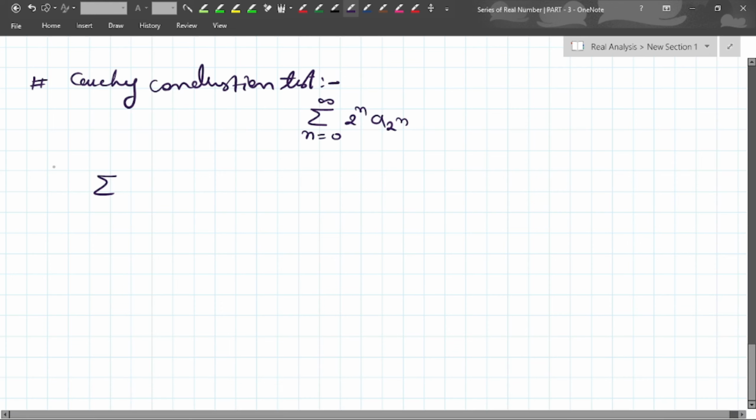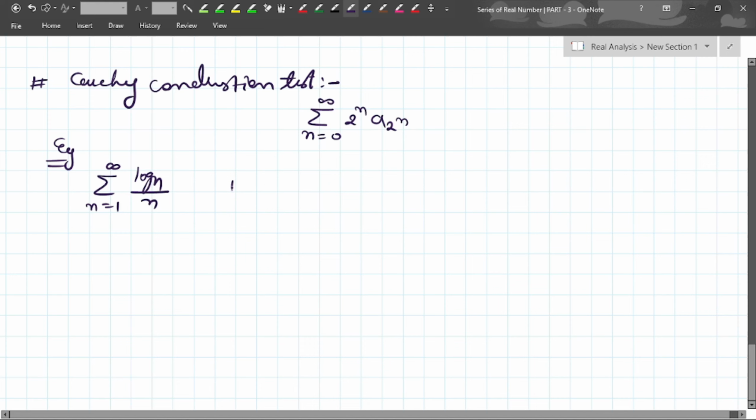One example that I can choose, if it is in log form, let's say, summation n equals 1 to infinity, and it is nothing but log of n by n. If it is like this, then use this test.